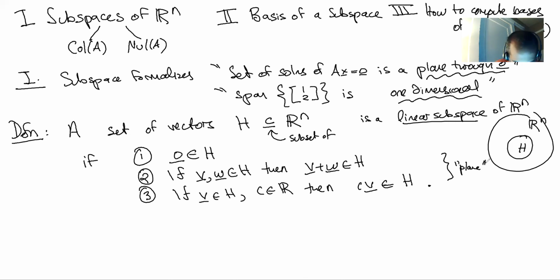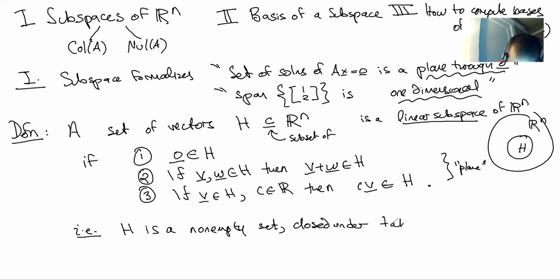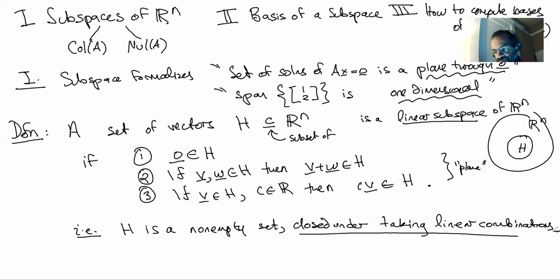In terms of linear algebra, what this is saying is that H is closed under taking linear combinations. If you take some vectors in H and take linear combinations of them, you stay in H. That is, H is a non-empty set closed under taking linear combinations. So that's the way I think about it.